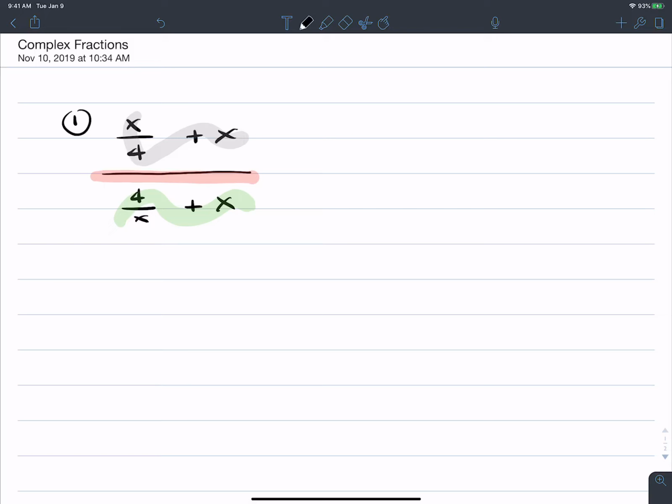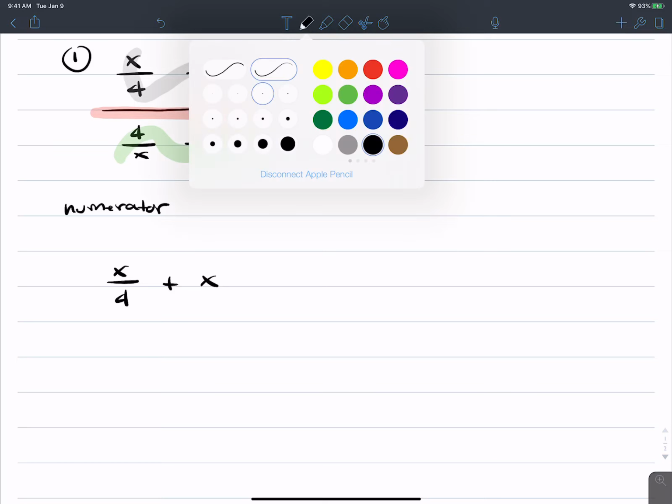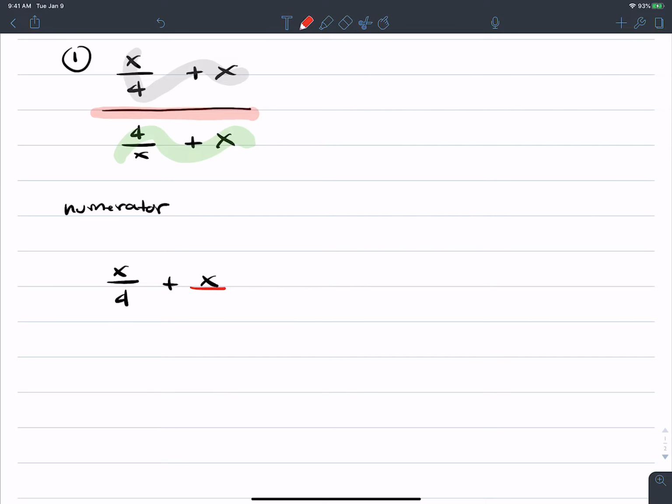So let's do the work separate here. So for the numerator portion, for what's on top, here's my numerator. X over 4 plus x. You may notice here that the denominator is 1 and we have unlike fractions.